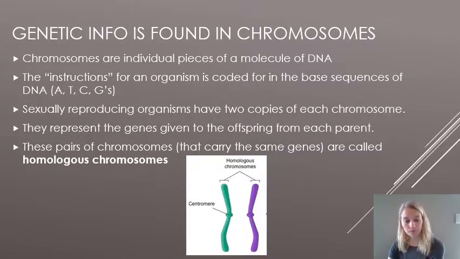They might have different expressions, which we'll see in a little bit, but they're basically all of the same instructions. Now, in sexually reproducing organisms, they have 2 of each kind of chromosome, and we have a special term for that. It's called homologous chromosomes. Homologous chromosomes are partners, the same chromosome, carrying the same genes, but typically one came from one parent and one came from the other parent, right? So you have the representation of the genetic information from both of your parents in every one of your body cells.